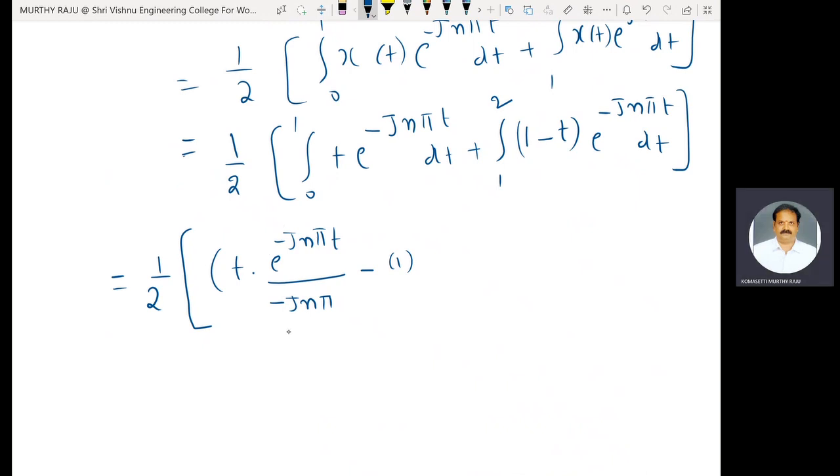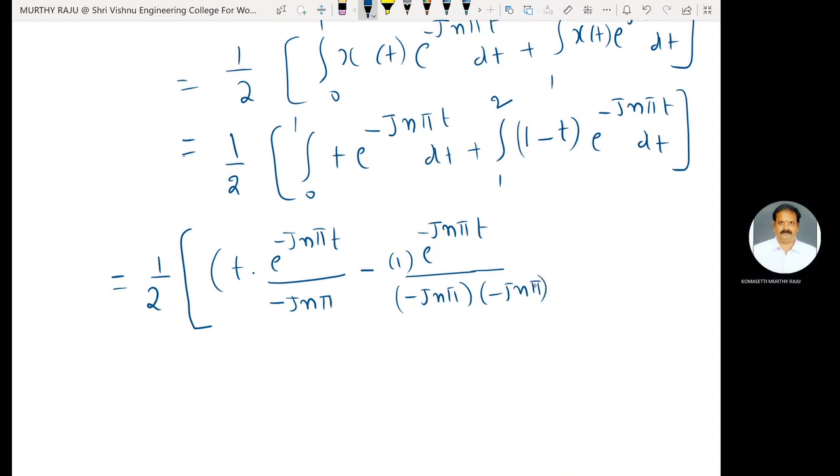Again integration of this entire function, that is e power minus j n pi t by minus j n pi, all over minus j n pi, in the interval 0 to 1.